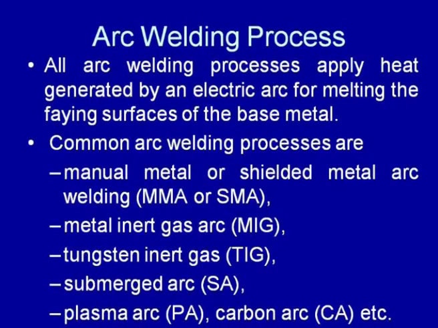So, starting with the presentation, in all arc welding processes mainly one arc is generated between either a consumable or non consumable electrode and the base material, and this arc generates the heat which is used for melting the base material or the faying surfaces of the base material.